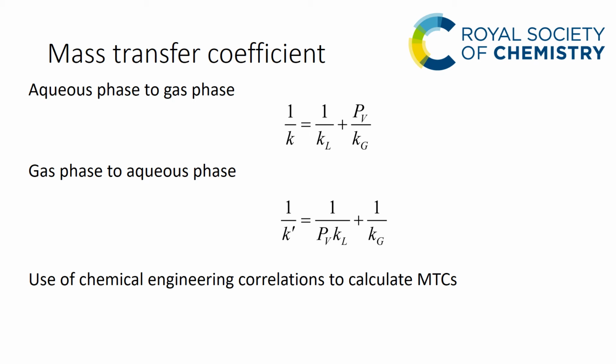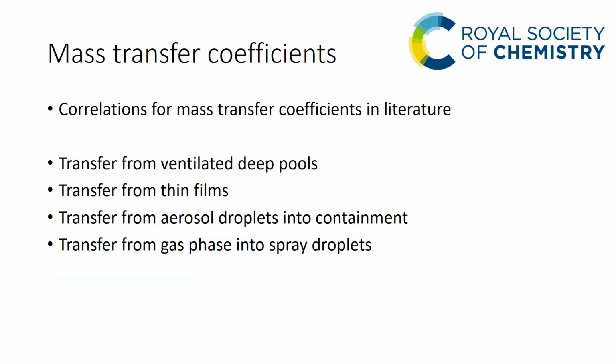But to calculate Cl and Cg, we can use standard chemical engineering correlations to calculate the mass transfer coefficients. These correlations are found in the literature, and they can be applied to transfer from ventilated deep pools, from thin films, transfer from aerosol droplets into containment, or from gas phase to spray droplets.